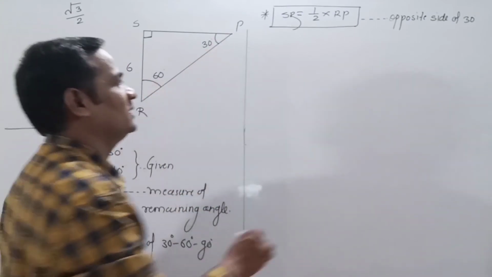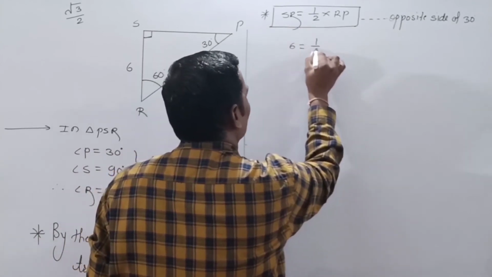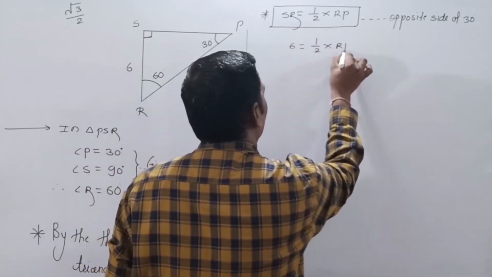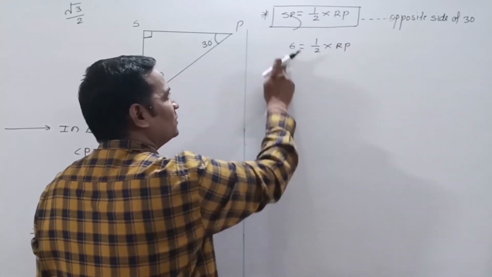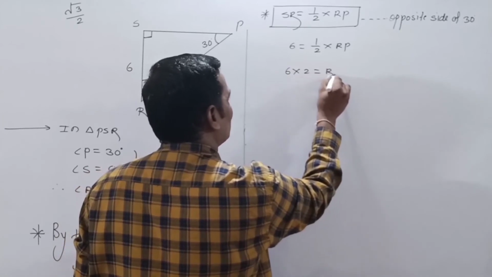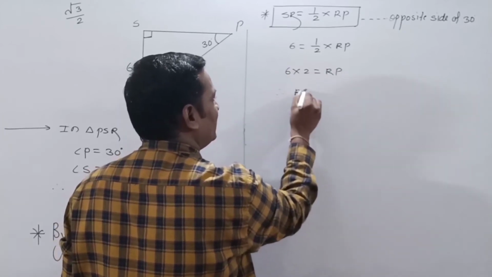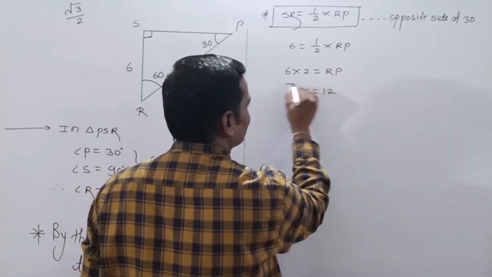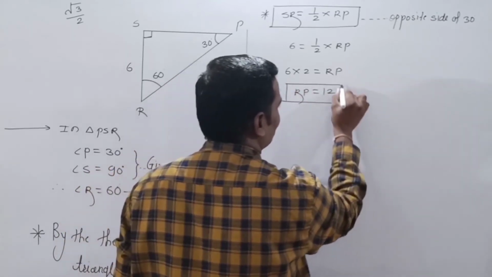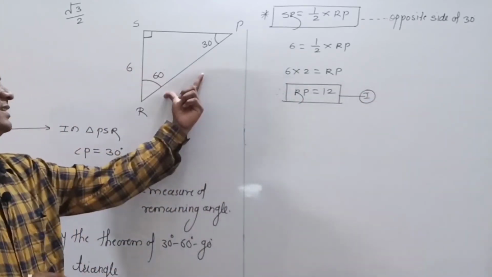RP is the hypotenuse. So let's put down the values. SR is given, 6 is equal to 1 upon 2 into RP. So transfer this 2 to the LHS. So this will be 6 into 2 is equal to RP. So therefore RP is equal to 12. Look at this, equation number first. Okay, we got the hypotenuse here now.